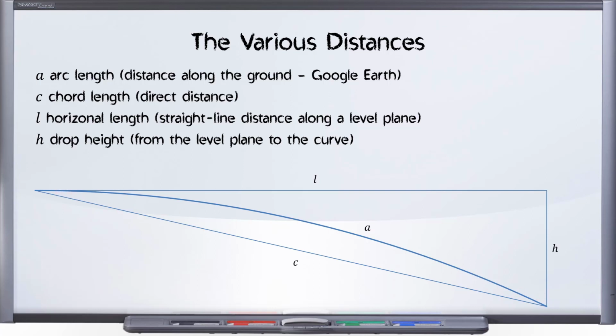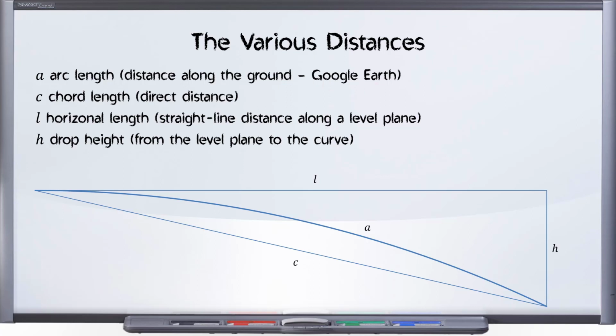And Google Maps, Google Earth, that's what they will be giving you. They will be giving you the ground trace, the distance along the ground. And that's why I'm going to start with that. I think that's the best way to measure the distance along the ground, because in these conversations, the most common go-to for measuring distances between places is Google Earth.